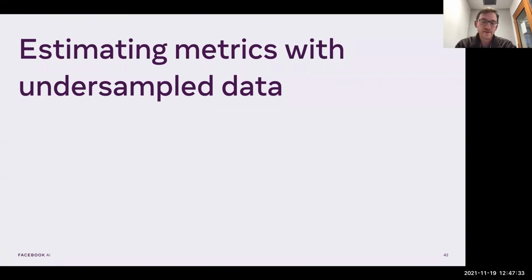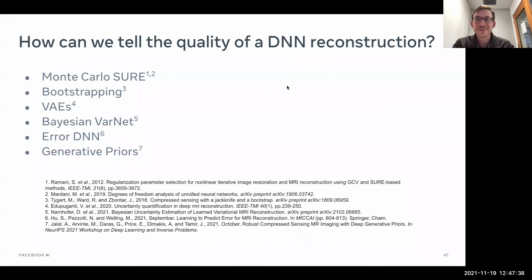And the other thing is I'm not the only person to think this. There's been a ton of work on looking at uncertainty and metrics for rating the quality once you have a deep neural network reconstruction, and I'm only listing a partial set right here. Some of the things you can do are Monte Carlo methods, assuming the residuals are Gaussian in some sense, with Stein's unbiased risk estimate to estimate mean squared error.